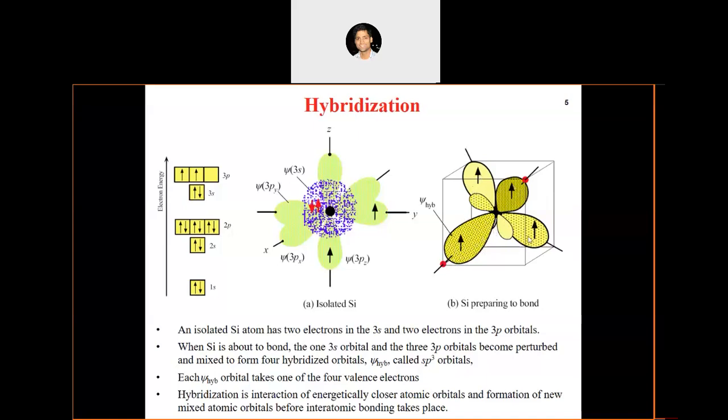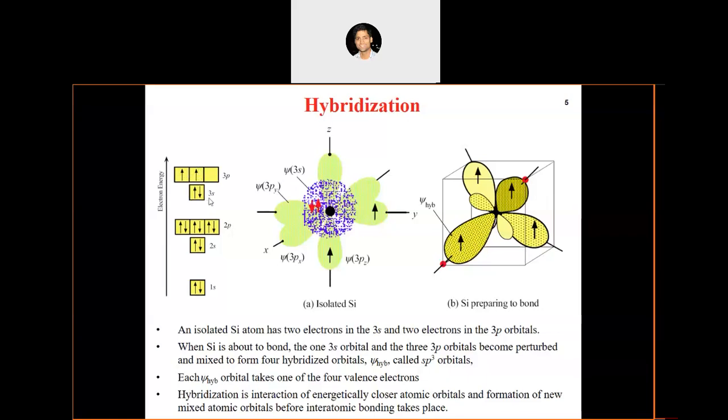these four hybrid orbitals will all have one unpaired electron. So in the beginning, before hybridization, we had two paired electrons and two unpaired electrons. Ideally, if we follow the concepts which we discussed in metals, only these two electrons should participate in the bonding.